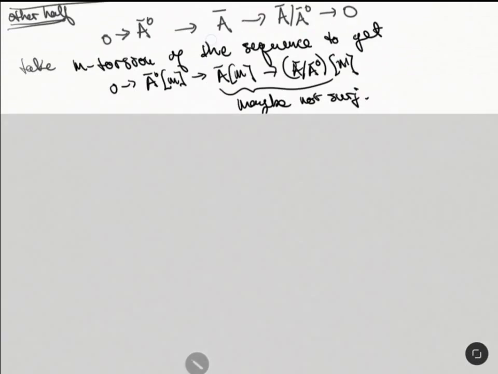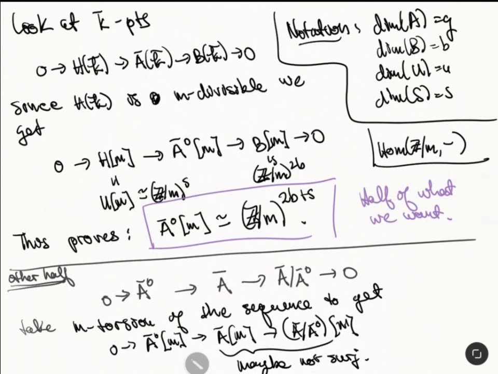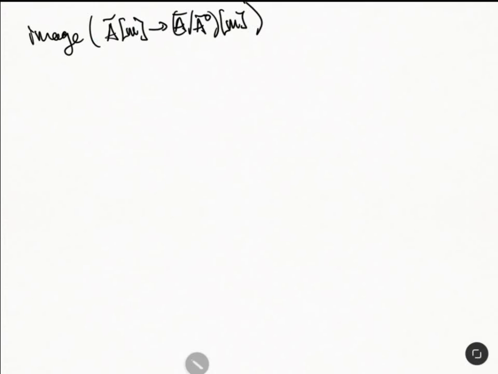So what do we do? Well, it's an extension of something, whatever the image of this is, and then by this kernel thing. So notice the image of this thing is some subgroup of a mod a bar, and you get a bar.